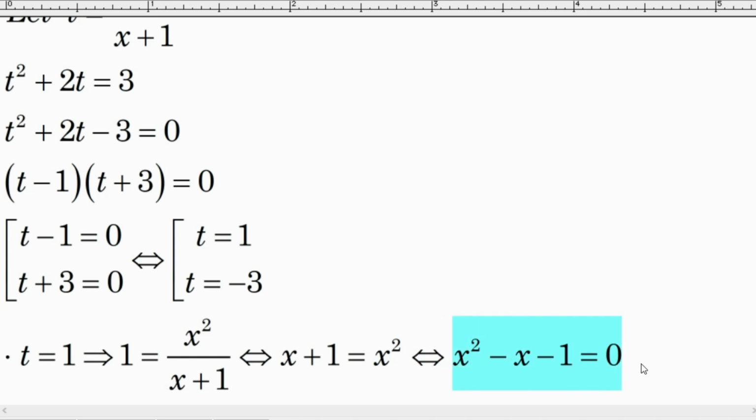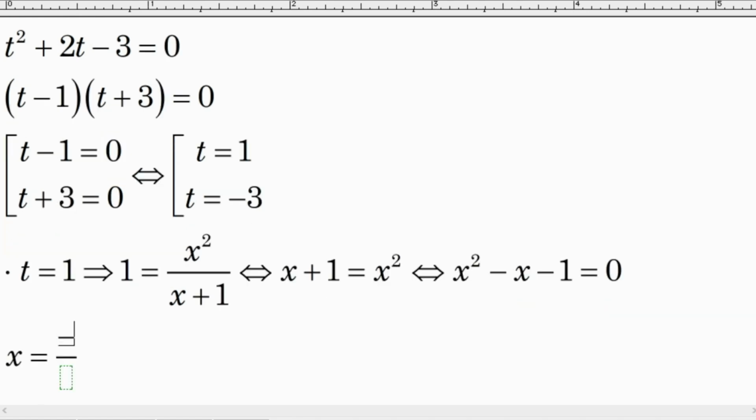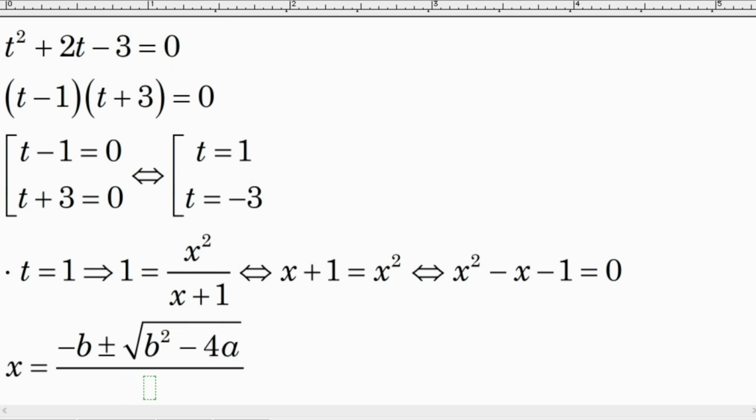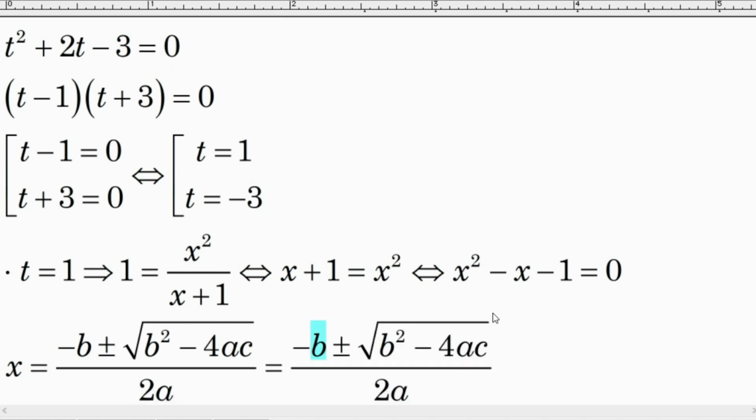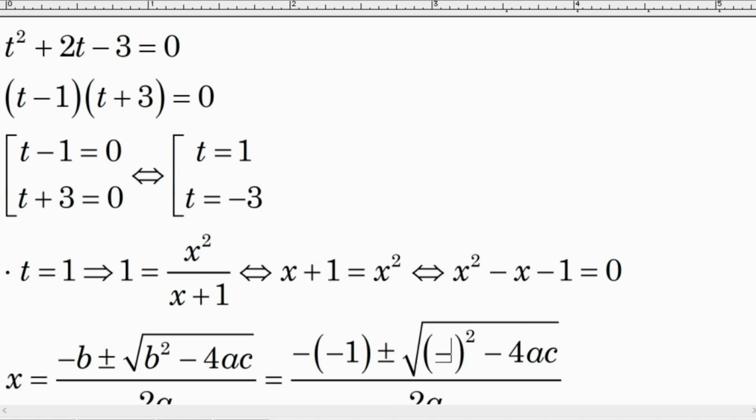So this is just a quadratic equation, so we can solve it by using the formula x equal to minus b plus or minus the square root of b squared minus 4ac, all divided by 2a. The value of b here is minus 1, so we put minus 1 here, and here we have minus 1 raised to square.